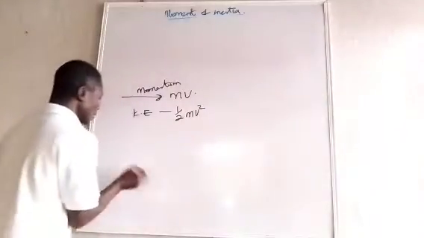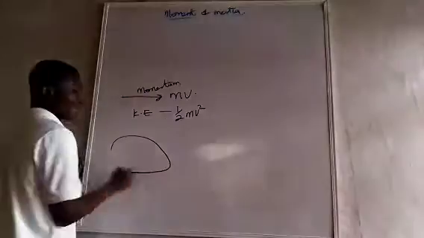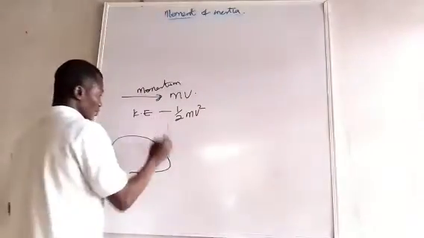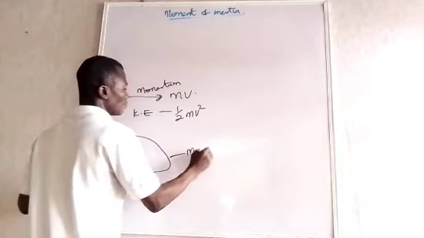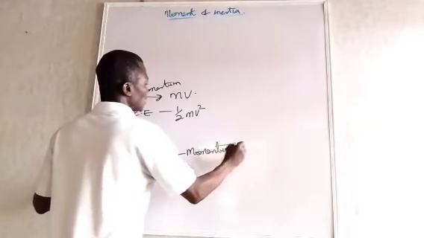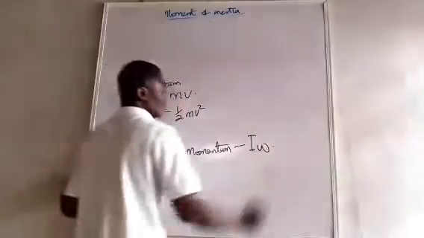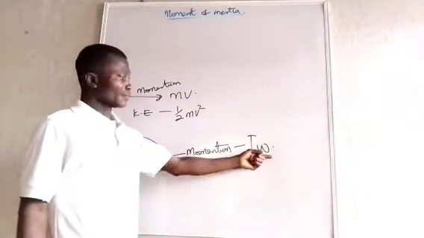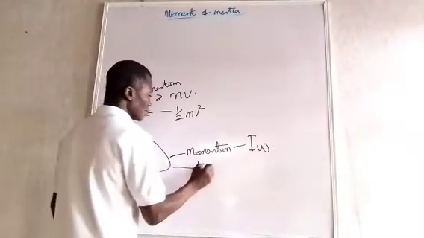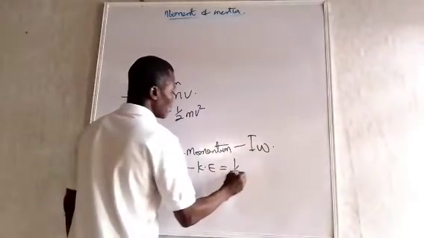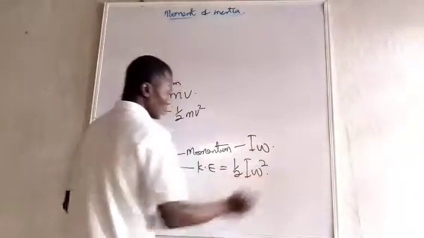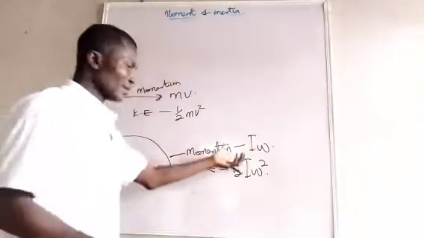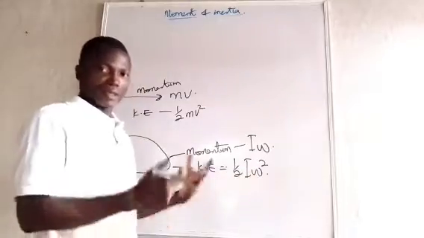But in rotational dynamics, where it is rotating, momentum is I omega, that is angular velocity, and KE is half I omega squared. You know why I'm bringing this up? So that you will not look at it like, what's the essence of all this moment of inertia? This is where it is being used, and that should jar your interest.